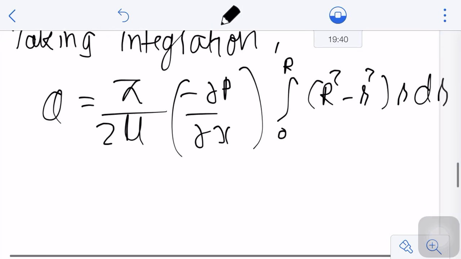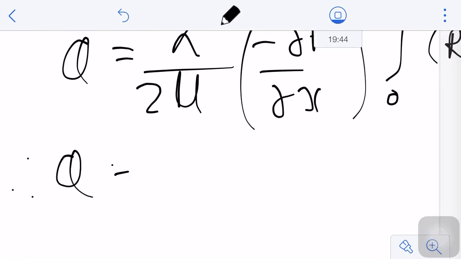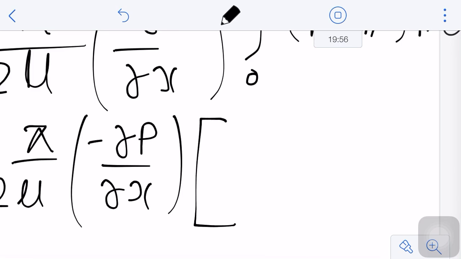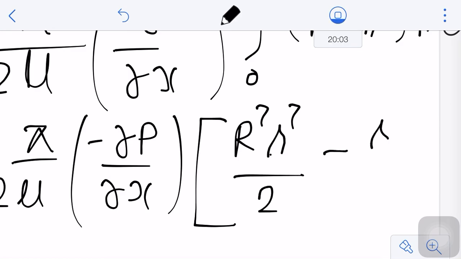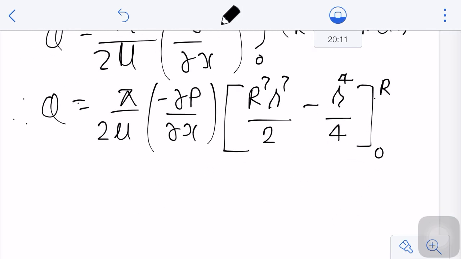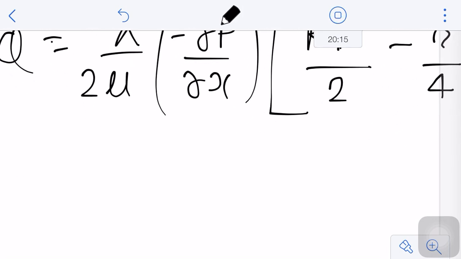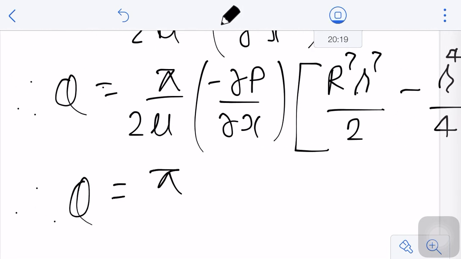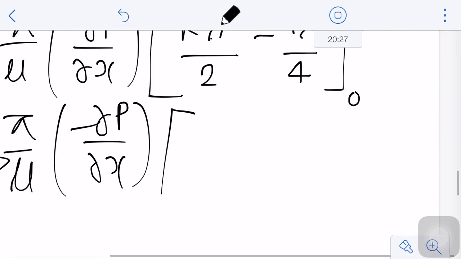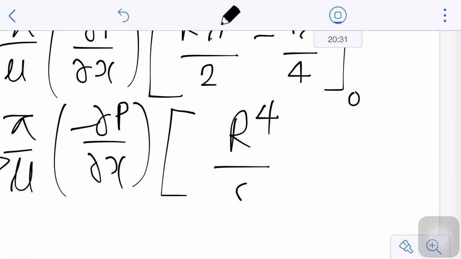So further simplifying this equation, we can write it as q is equal to pi upon 2 mu bracket minus ∂p upon ∂x into (capital R square into small r square by 2 minus r raised to 4 by 4), putting limit as 0 to R. Now applying this limit we can further get q is equal to pi upon 2 mu minus ∂p upon ∂x bracket R raised to 4 divided by 2 minus R raised to 4 divided by 4.